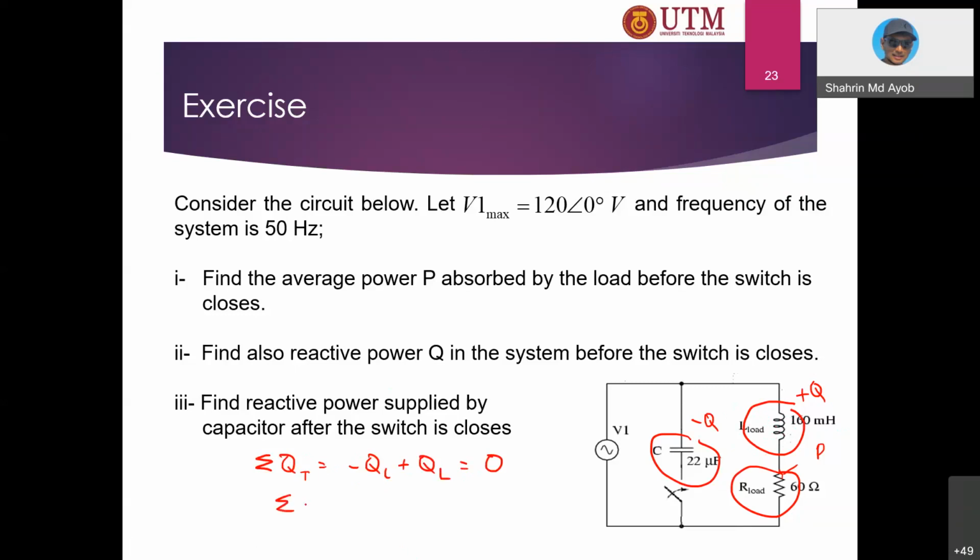While for the power, it is the summation of the elements that absorb power. As you can see, only the resistor absorbs P. So the total power inside the circuit must equal 0.